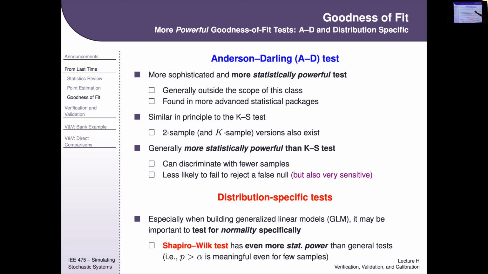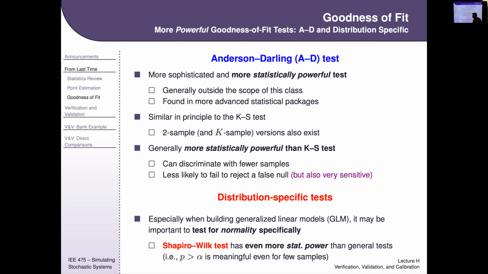I could use an Anderson-Darling or a KS test to test for normality, but it's better for me to use a so-called Shapiro-Wilk test. This is a goodness of fit test that only works for normality, and so it has extremely high power. You can test for normality with very low amounts of data, but it only works for normality.